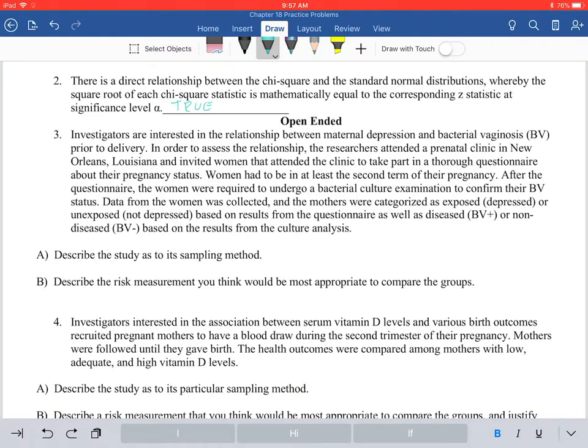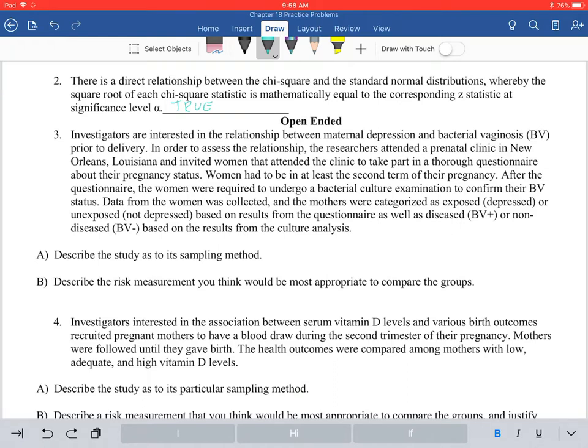Moving on to our open-ended questions here. Investigators are interested in the relationship between maternal depression and bacterial vaginosis prior to delivery. In order to assess the relationship, the researchers attended a prenatal clinic in New Orleans, Louisiana, and invited women to take part in a thorough questionnaire about their pregnancy status.